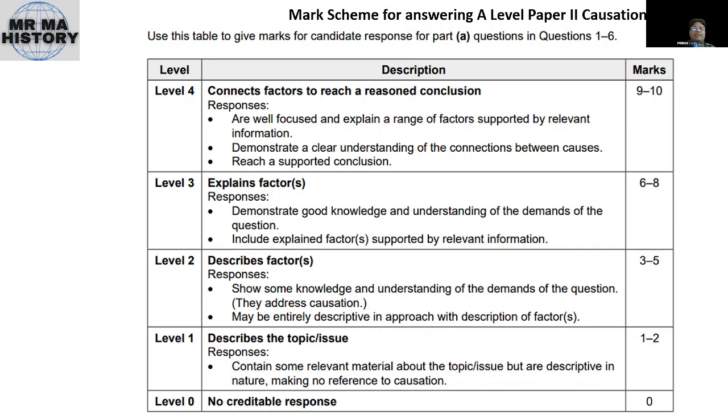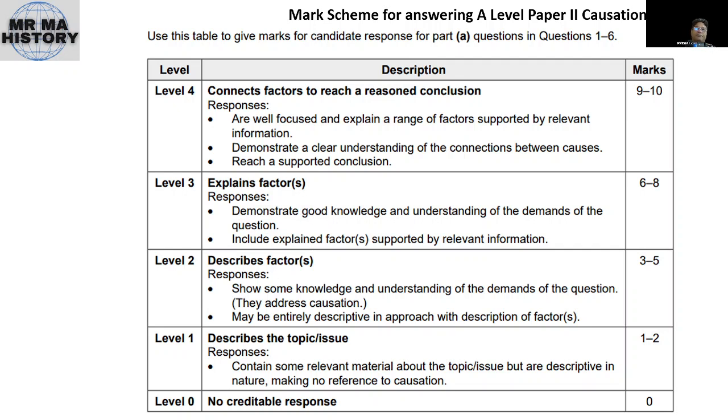This means the response gets to Level 2. But responses that contain not only reasons but provide explanation with supporting details may deserve marks between 6 and 8, and this means Level 3 is achieved.